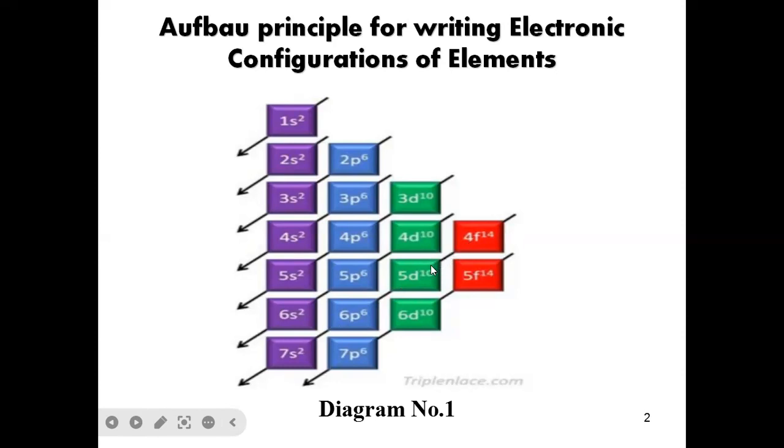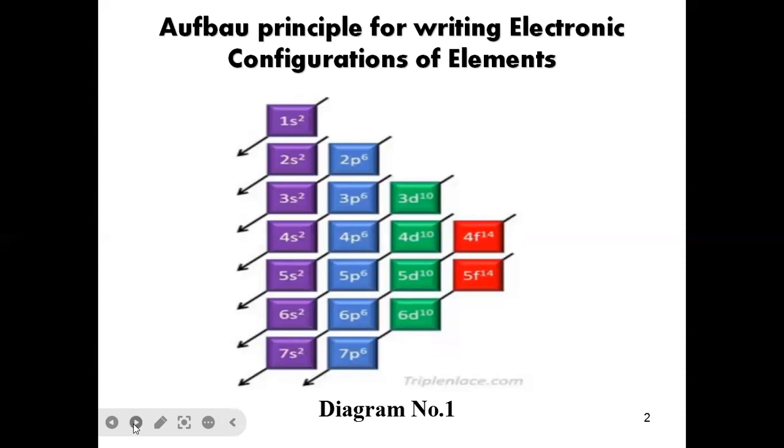So coming from 4f to 5d, 6p, 7s, and from 7s the electron will accommodate to 5f, then 6d, and at last 7p.